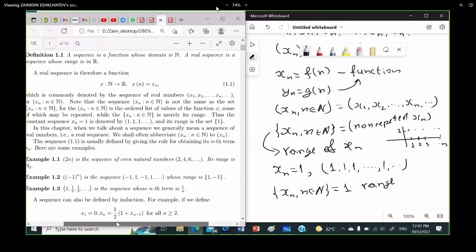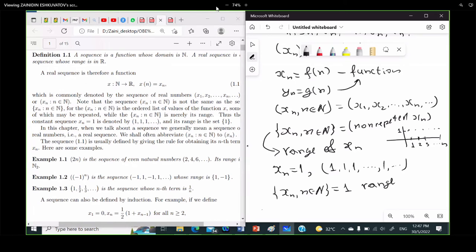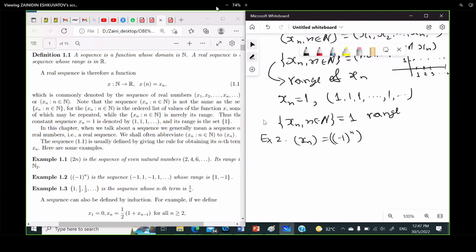And the second example is nice. Example 2: if I take xn equal to minus 1 to the power n, then when n equal to 1 it is minus 1, then plus 1, minus 1, plus 1. The values minus 1 and plus 1 repeat infinitely many times.